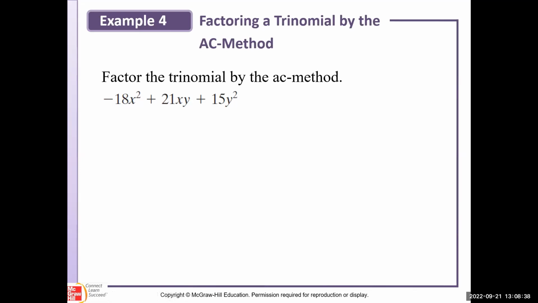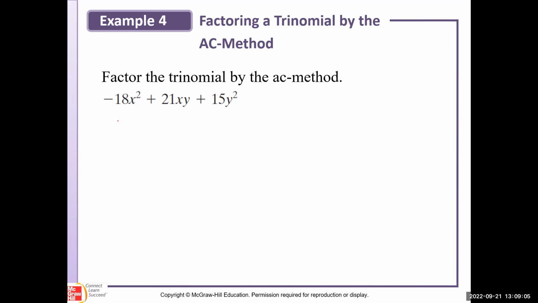All right, so here's another example. In this case, in front of us, we have negative 18x squared plus 21xy, and then plus 15y squared.